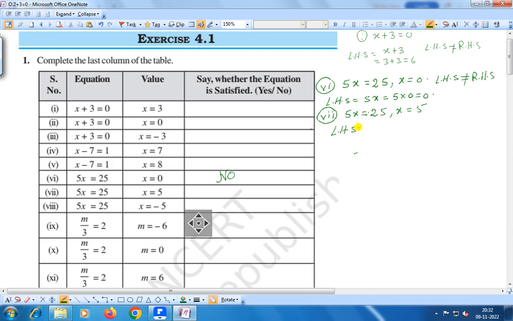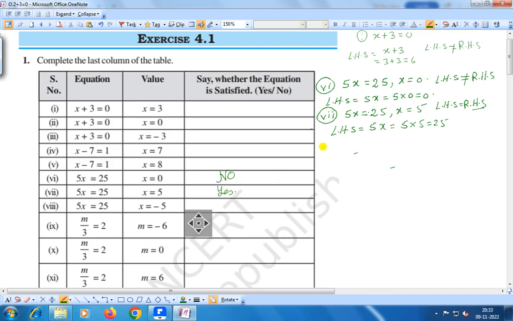Left hand side is equal to 5x, that is 5 into 5, which is equal to 25, the same as right hand side. Therefore, left hand side is equal to right hand side, and the equation is satisfied. The answer is yes.